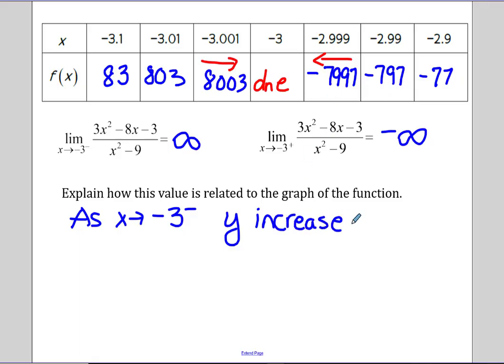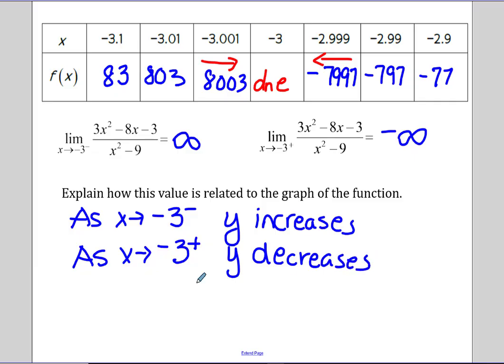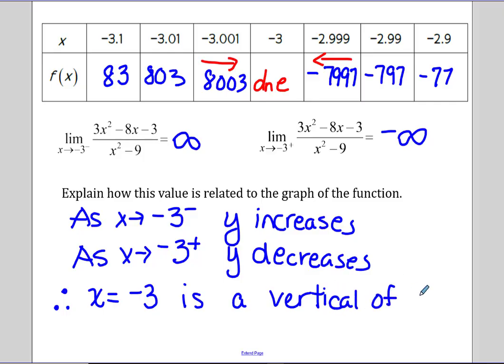And then as x approaches -3 from the right, y decreases. Therefore, x equals -3 is a vertical asymptote of our function f of x.